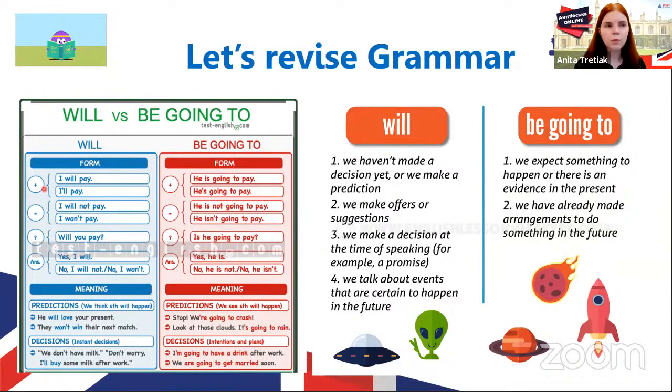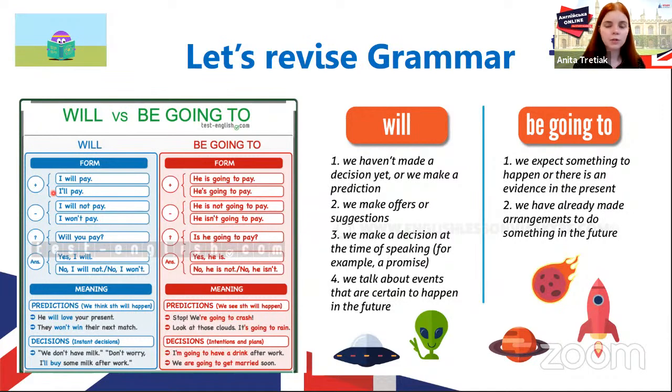So let's start with will and positive sentences or affirmative sentences. You use the word will everywhere. It doesn't matter what pronoun or noun you've got, you always have the word will. I will pay, you will pay, he will pay, and so on.